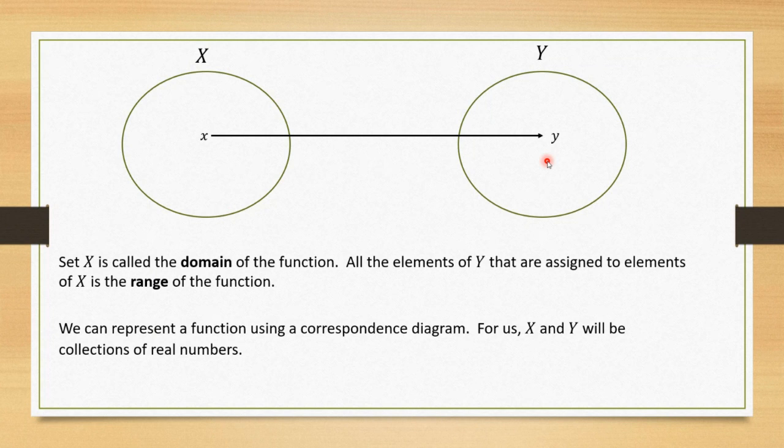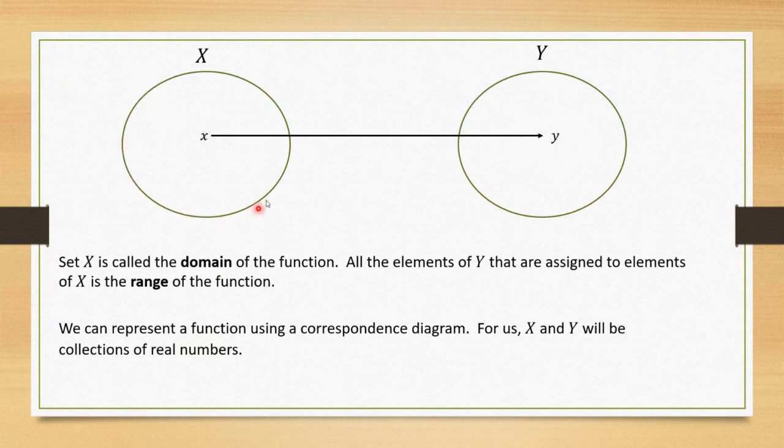Or you can think of it this way. Input, this is how I like to think of it. Input goes into the function, and for each input into the function, you get only one output. So for each input that goes into the function, that's your x, that's what the arrow is telling us, you get only one output.